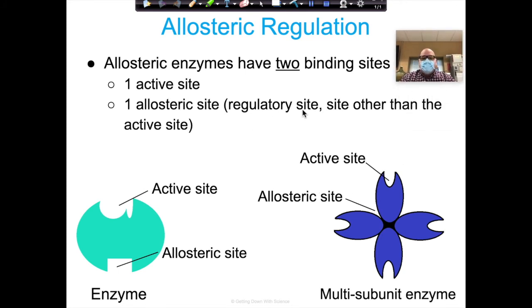They have the regulatory site, which is different than where the substrate goes. So this is where the red square went that changed the shape. This four-leaf clover one here has sort of the spot in the little pits between the leaves of the clover, also has a site. So let's look at how this works.